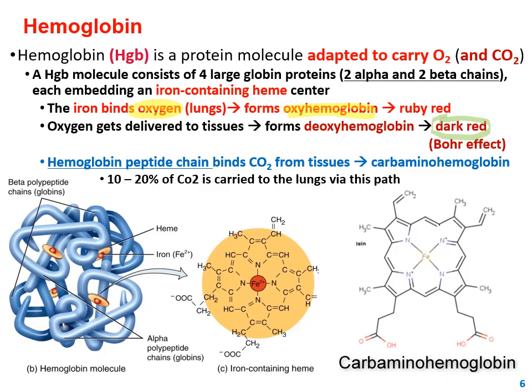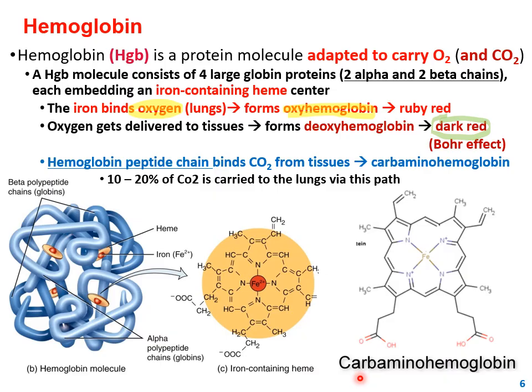Okay, and there is something else that is really interesting about carbon dioxide binding to hemoglobin. It does not bind to iron. Look at this. This is a molecule of carbaminohemoglobin.